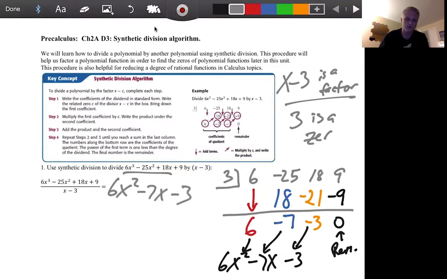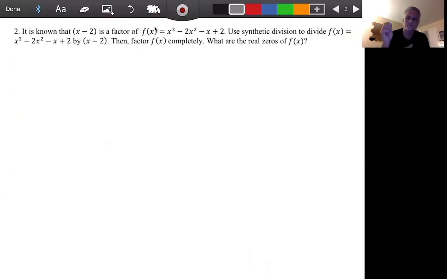Okay. So this divided by this gives me that. So here is our quotient. It's our division answer. Okay. We started with an x cubed, we divided by x, we get an x squared. So we have a second degree polynomial when we divide a third degree by a first degree.